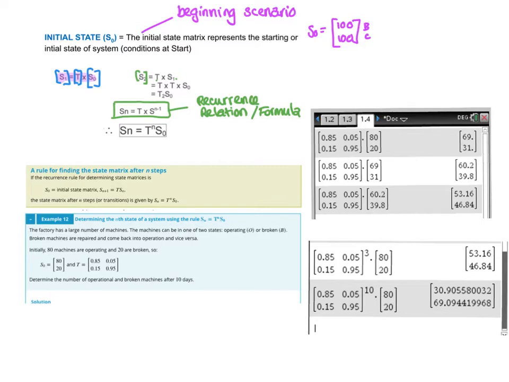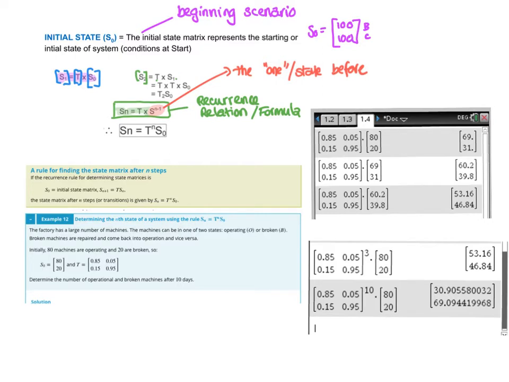So you can see here, it says Sn equals the transition times this little s here, Sn minus 1. That's a way of saying the one before, the state before. That's a mathematical way of saying if you want to find the next one, you can use the one before.